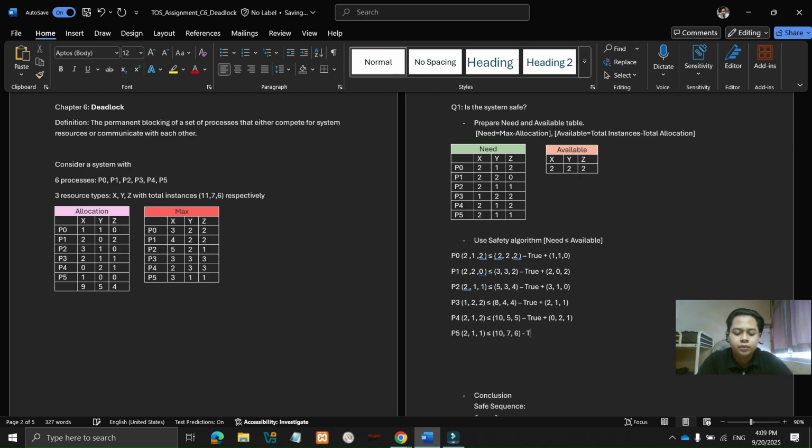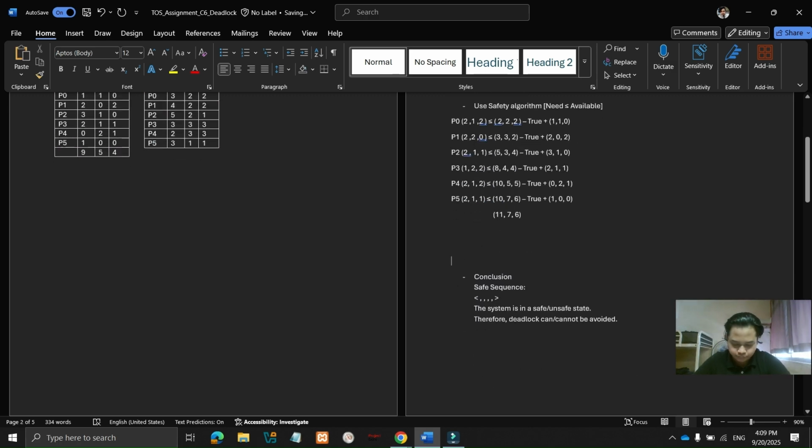So this value is also true, so we plus the allocation of P5 is 1, 0, 0. So the total of available is 11, 7 and 6. So this value is the same as the total instances of resources X, Y and Z.